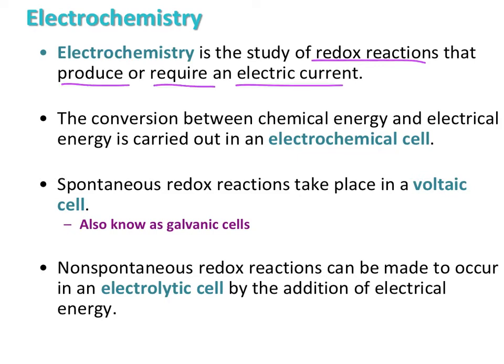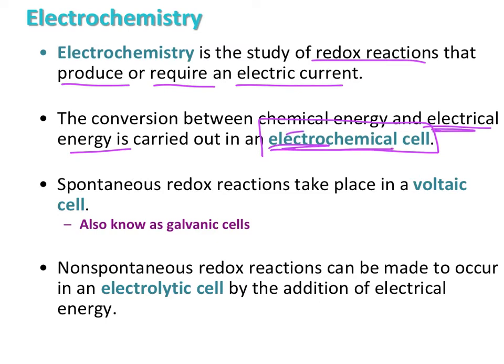So electric current is those electrons flowing from a negative to a more positive potential. And anytime you convert this chemical energy, from this flow of electrons, to electrical energy, this happens in an electrochemical cell, which makes sense, right?